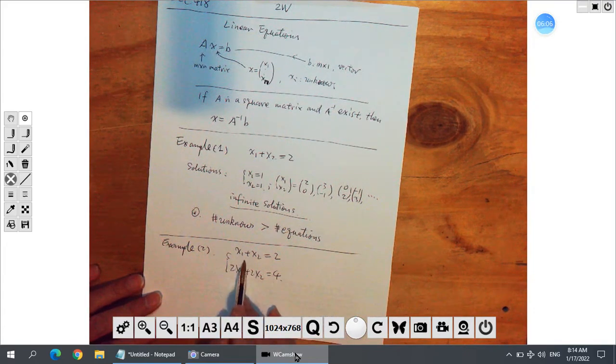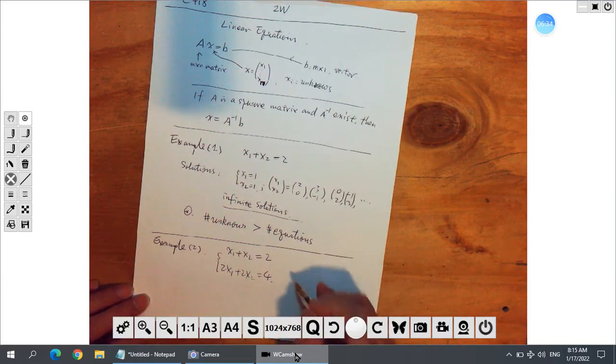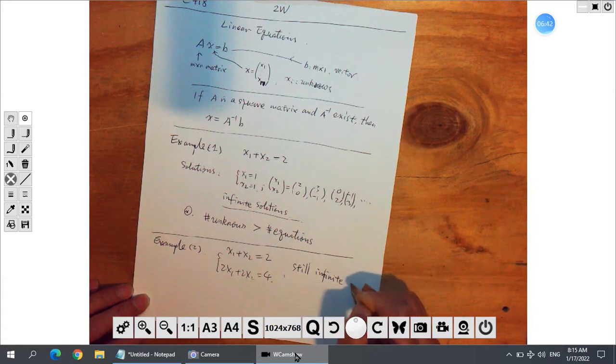If we multiply both sides of the first equation by 2, we get the second equation. It gives the same restriction on x1 and x2 as the first. So this time still infinite solutions.